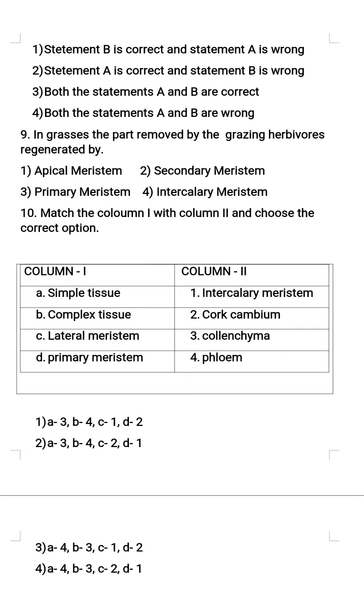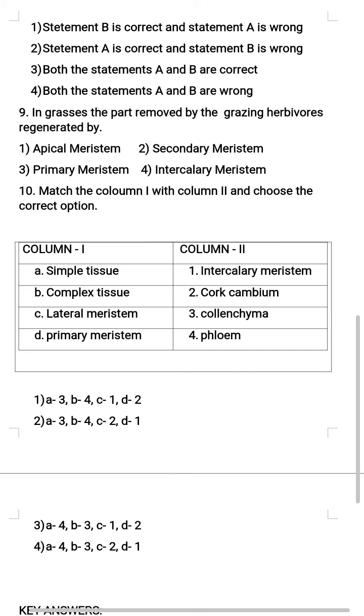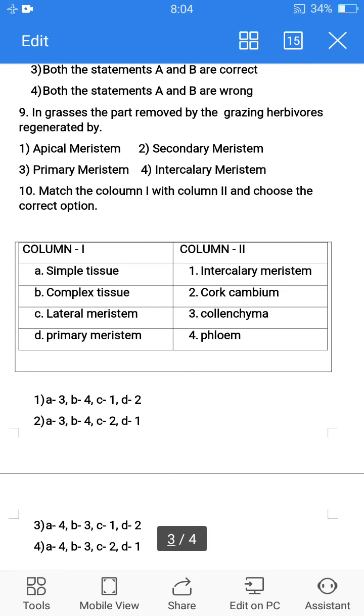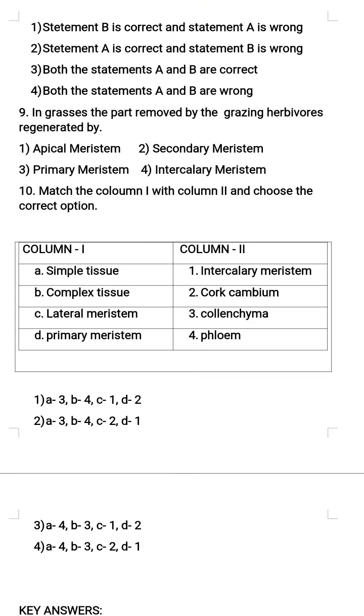Now let's move to 9th question. In grasses, the part removed by the grazing herbivores regenerated by. Students, now first of all, let us see options. First option, apical meristem. Second option, secondary meristem.